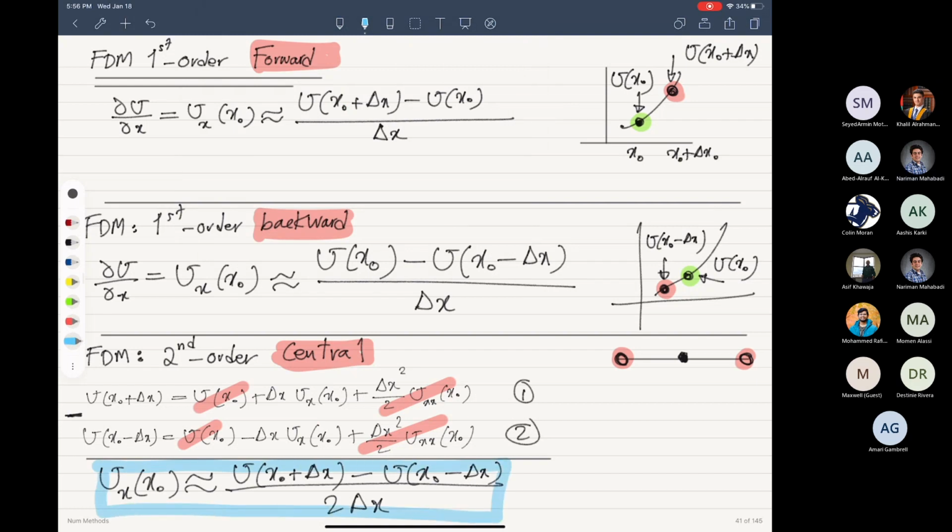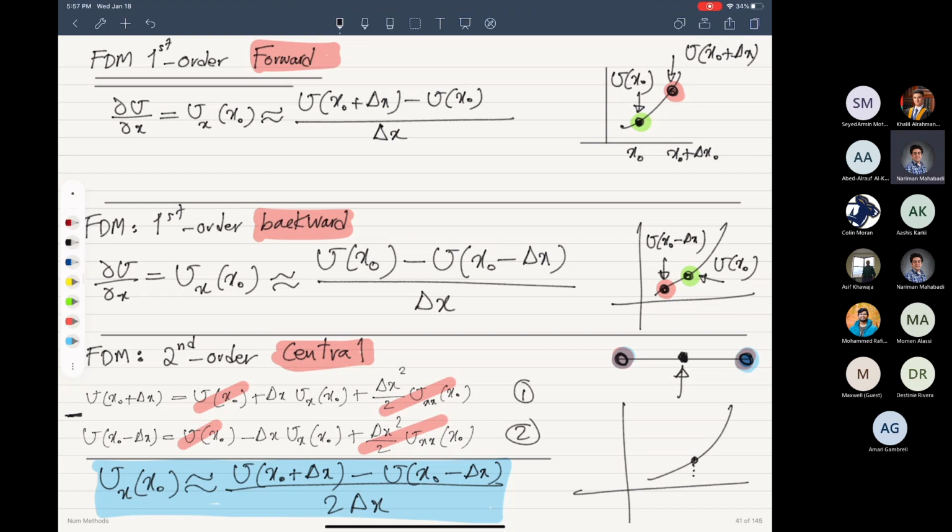So this is my final form of the central FDM scheme, which is interesting because you are using the forward and backward points to find a solution for your central point. That's why you call this a central finite difference method. In terms of this graph, it's almost easy to grasp that idea.